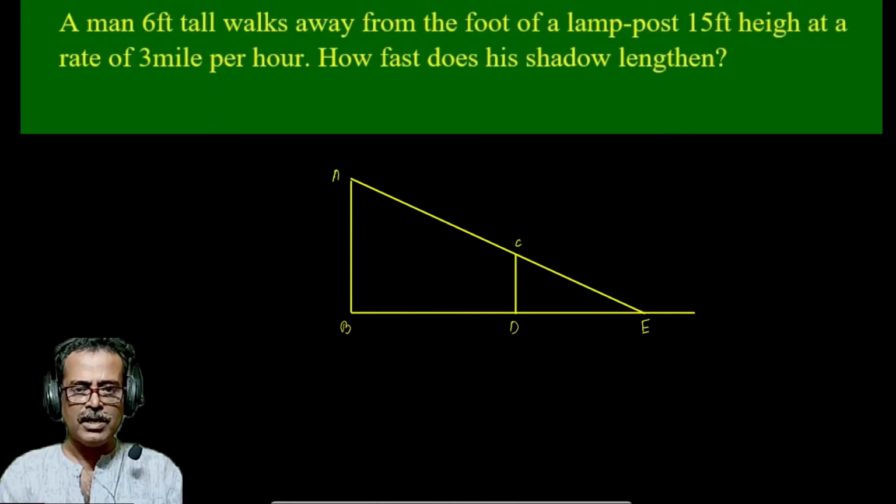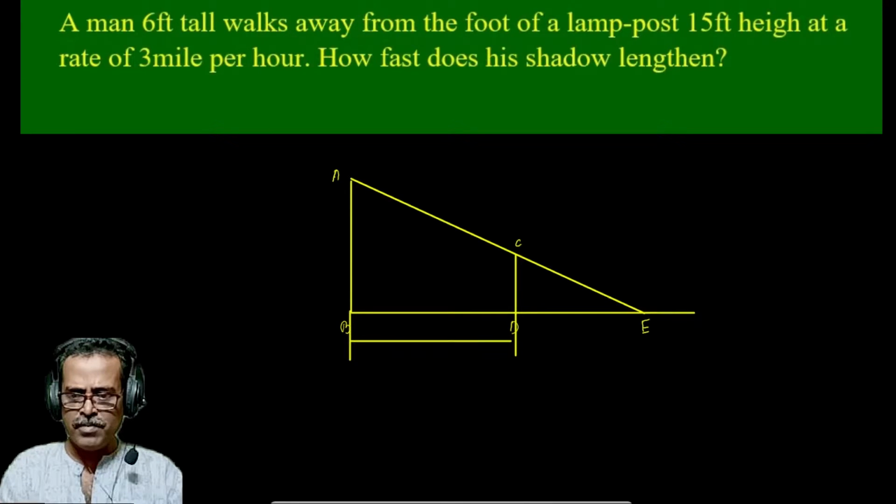Now the speed of the man is given, so we will take the distance from the lamp, as the lamp is stationary, so velocity can be determined with respect to the lamp. So this is the position x of the man with respect to the lamp, and let the length of the shadow be y.